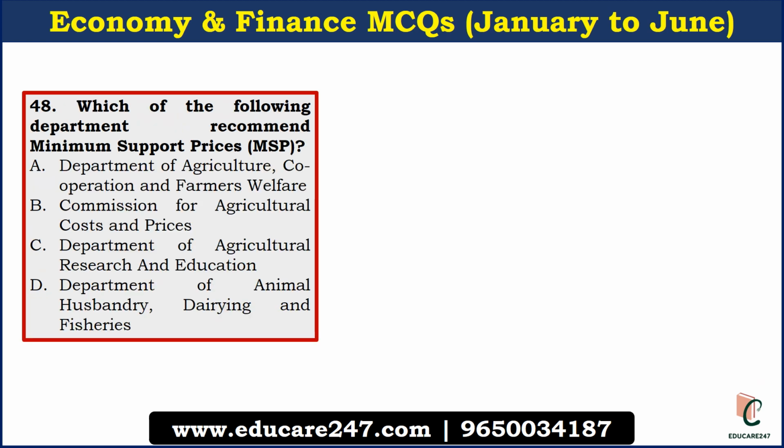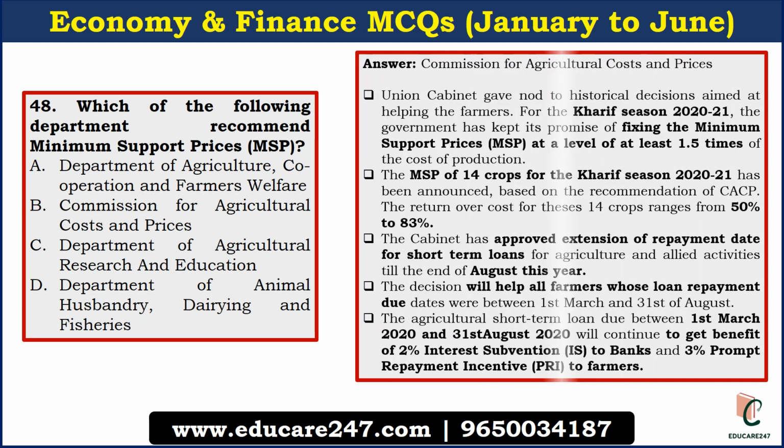The next question is, which of the following departments recommends minimum support prices? The answer is the Commission for Agricultural Costs and Prices. The context of this question is that recently the Union Cabinet has approved fixing the minimum support price at a level of at least 1.5 times the cost of production. So this is a historic decision, and it will definitely benefit the farmers.